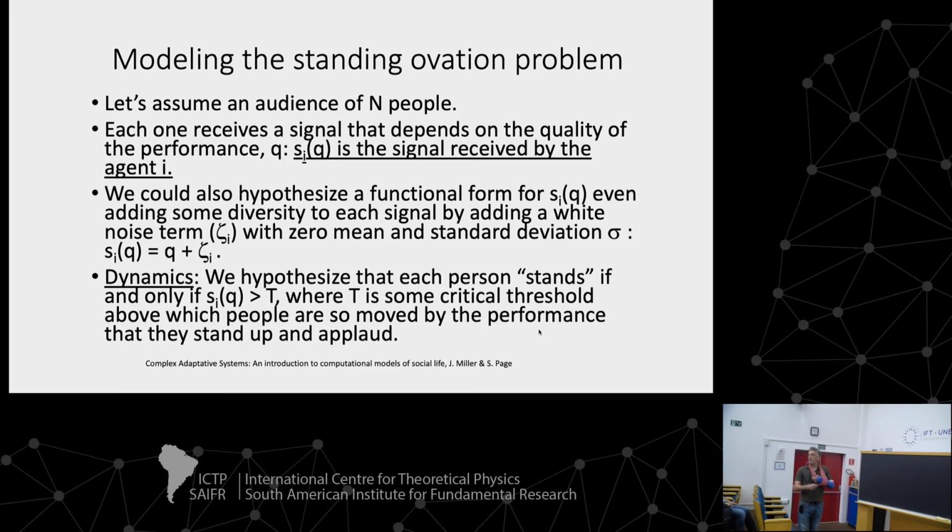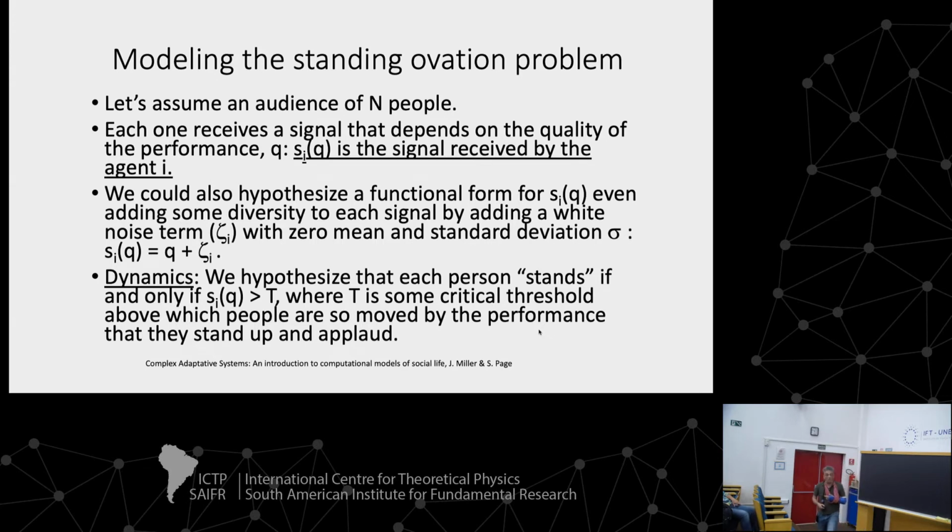Here we can go as complex as we want, giving some strange functional form for this function, but we start by keeping things simple. So we are going to suppose that this signal is equal to Q, the input received, plus some heterogeneity, which is given by a term of white noise with zero mean and some variance, okay?